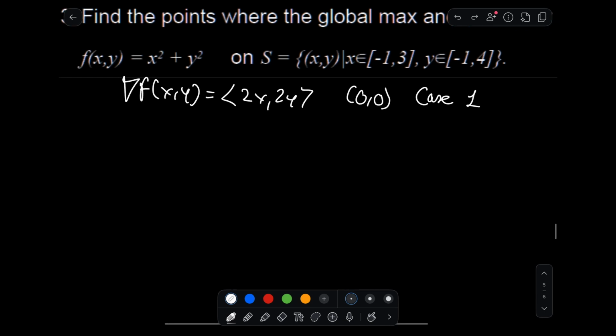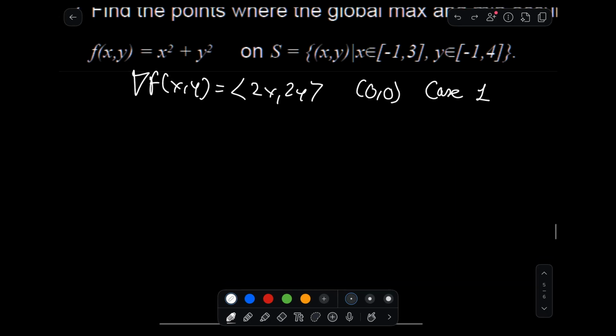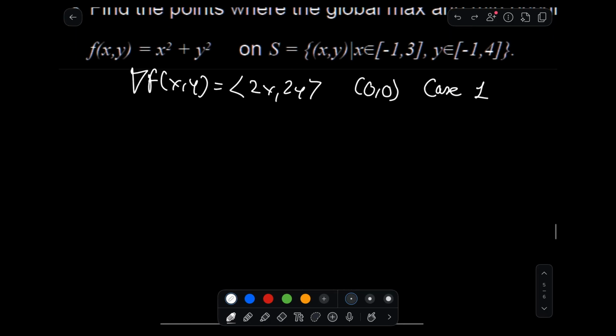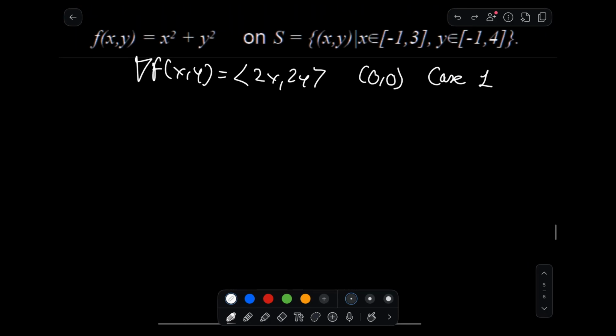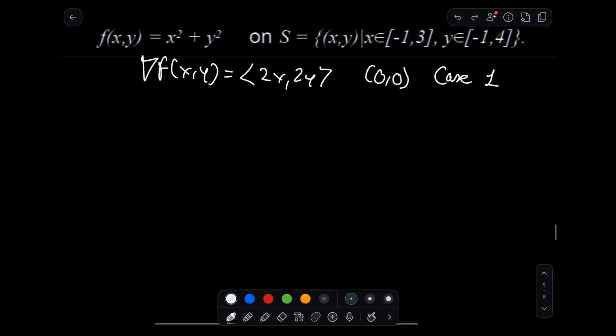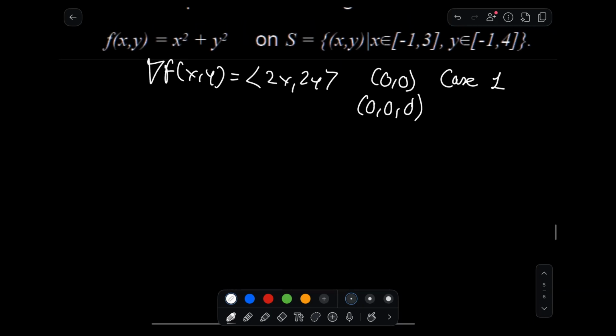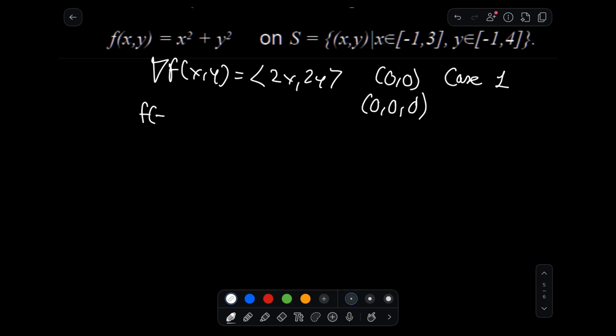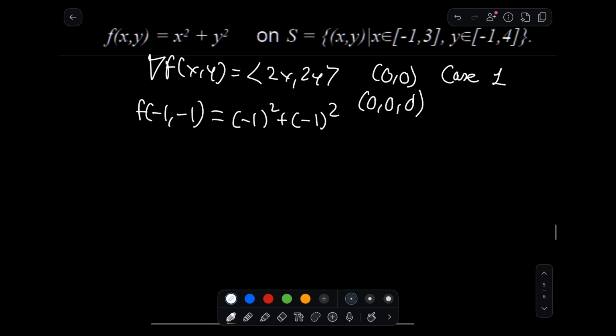So we can actually just do that real quick and get this. For (0, 0), we got case 1: 0 squared plus 0 squared is just 0, so we have f(0, 0) = 0. And then for f(-1, -1), we have -1 squared plus -1 squared equals 2.